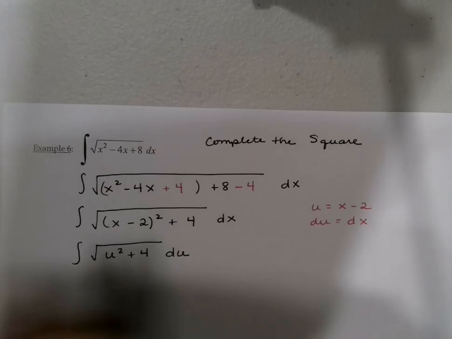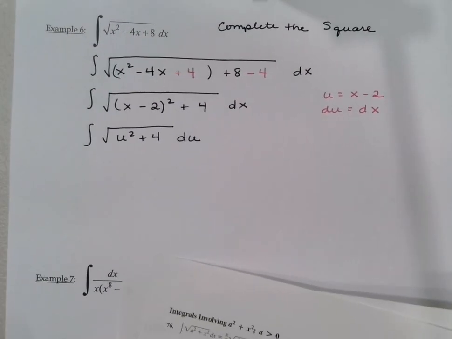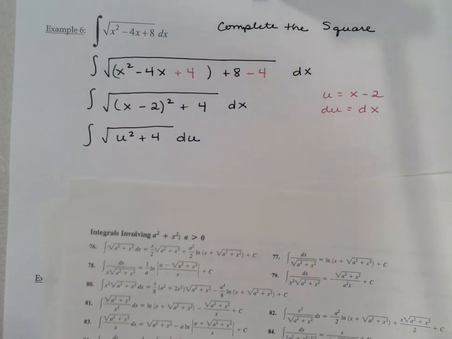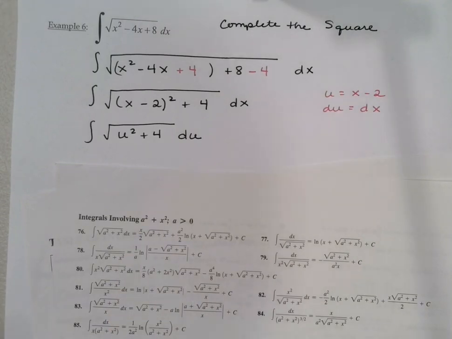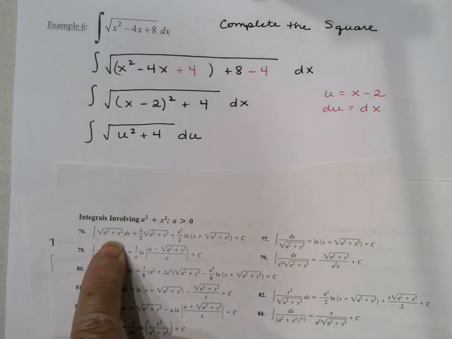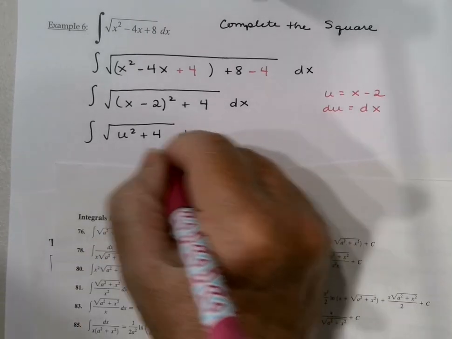I guess actually it's up here, this section, where I've got a squared plus x squared, that's the type of problem I'm looking at. And in fact, the very first one here, number 76, looks pretty good, right? We have got our a squared would be the 4, so a is 2.